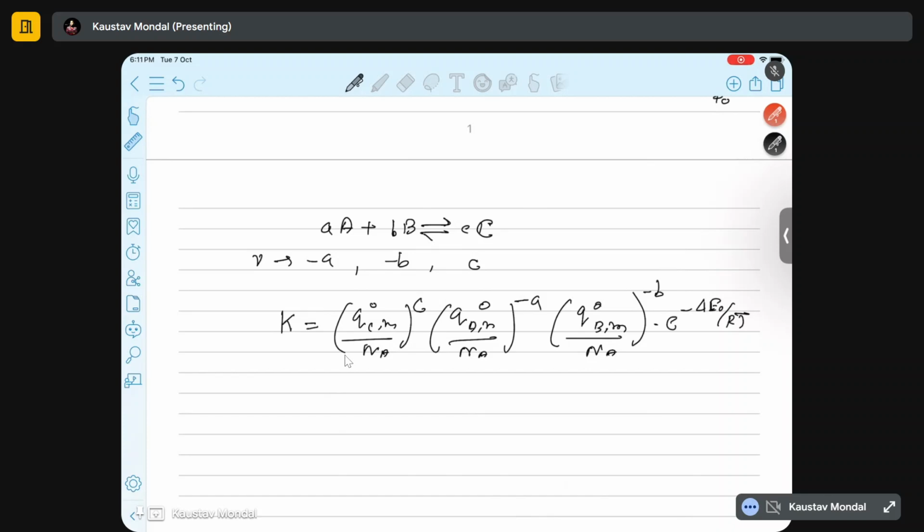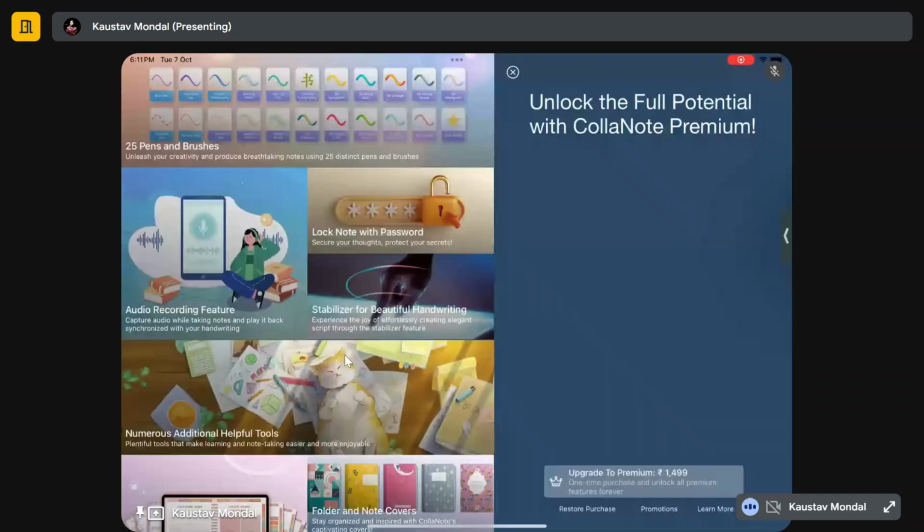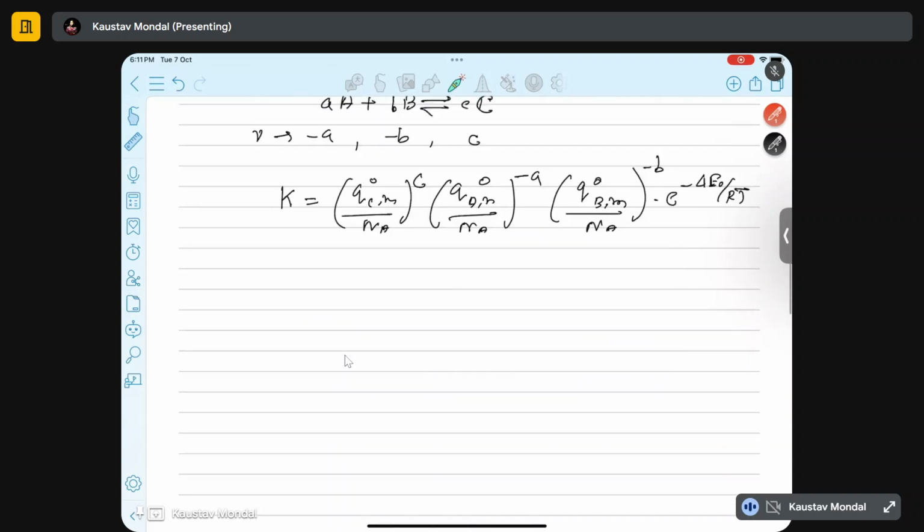Depending upon that, you have to calculate the partition function for each of the molecules and atoms, substitute those expressions here, and from there you will get the value of the equilibrium constant K, right? This type of problem we have also done in our previous class.